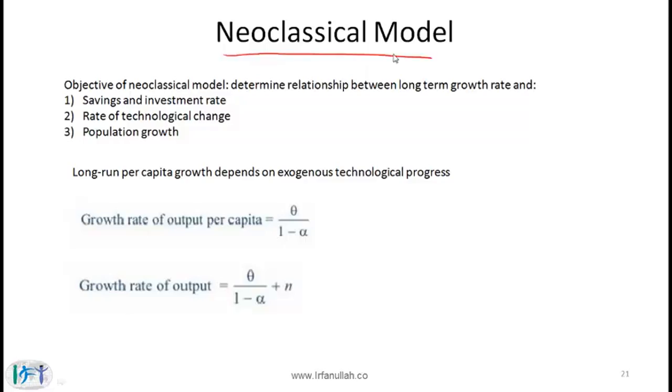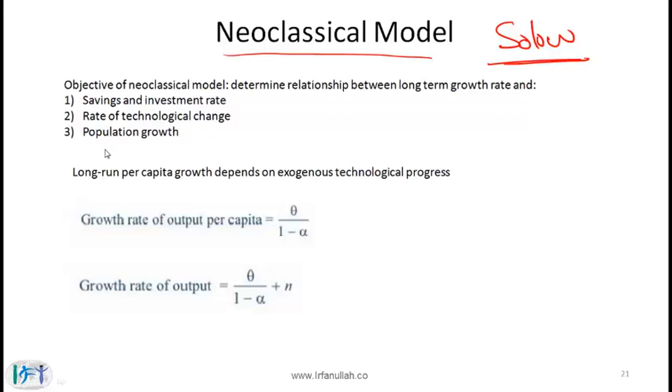The neoclassical model was first developed by Robert Solow in the mid-50s, and hence you will often see the reference to Solow when this model is being discussed. The objective of the neoclassical model is essentially to determine the relationship between long-term growth rate and, number one, savings and investment rates, number two, rate of technological change, and number three, population growth.